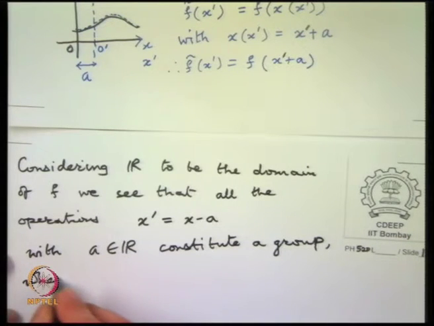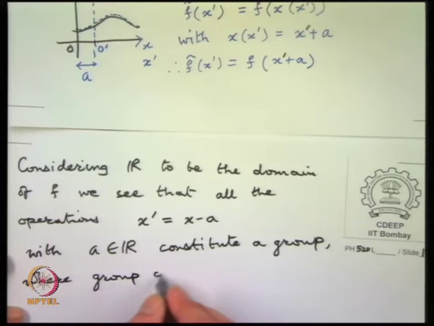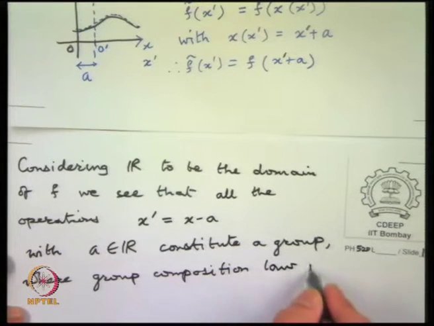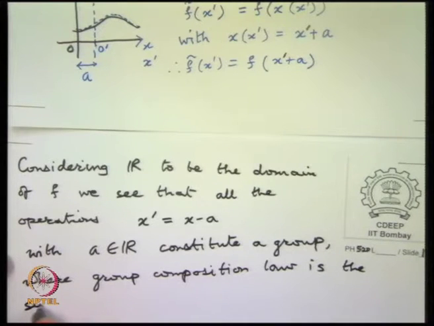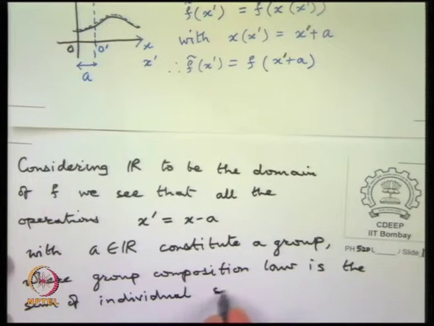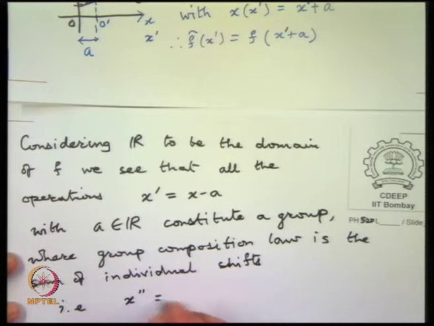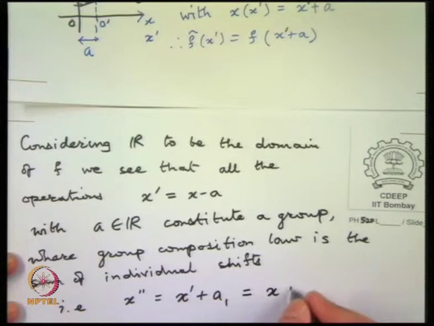where composition is simply the sum of individual shifts, i.e., a1 followed by a2 is, what should we call these things? x double prime equal to x prime plus a1 equal to x plus a2 plus a1 is equal to x plus a2 plus a1.